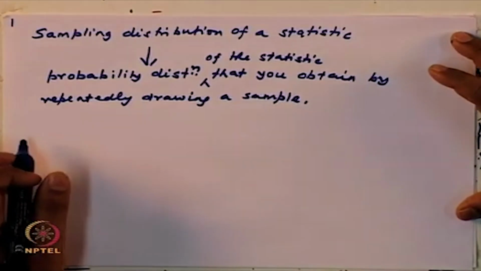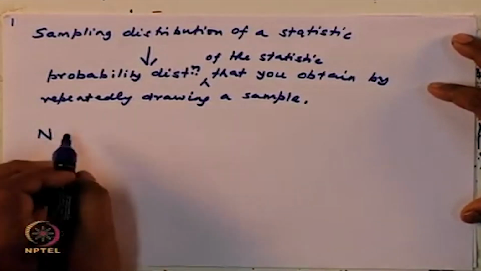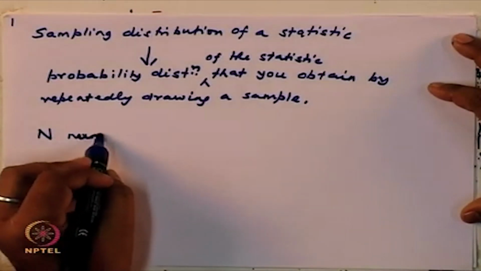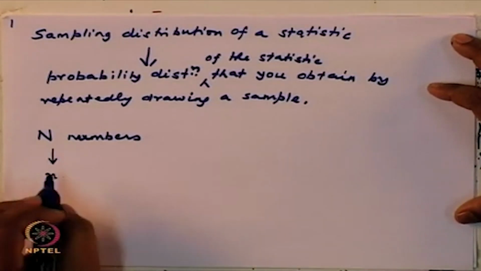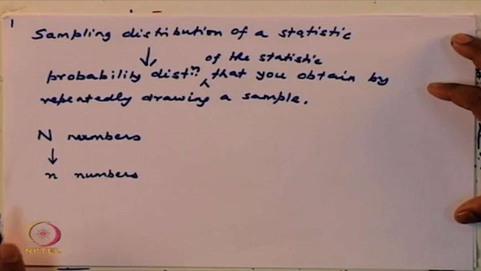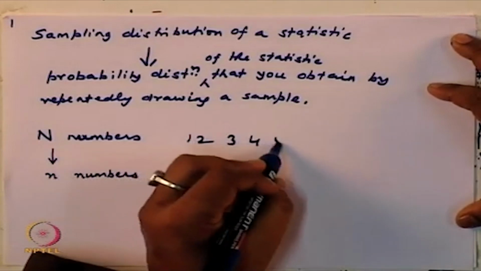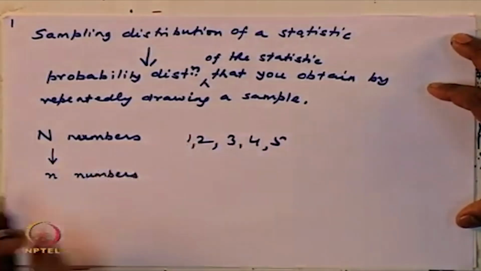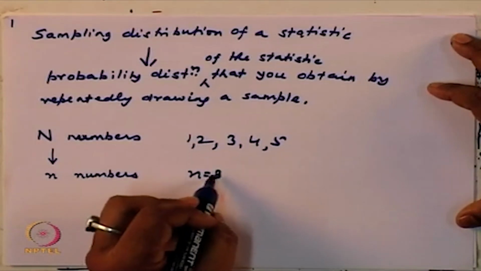In other words, imagine you have a population of n numbers, and from this you draw a sample of some size. For example, if my 5 numbers are 1, 2, 3, 4, 5, and let us say my sample size is equal to 3.